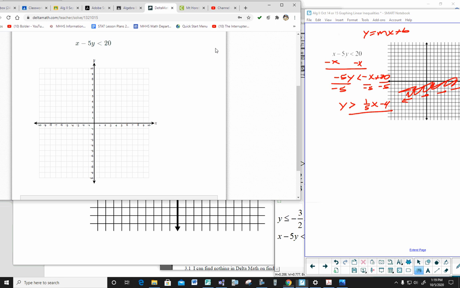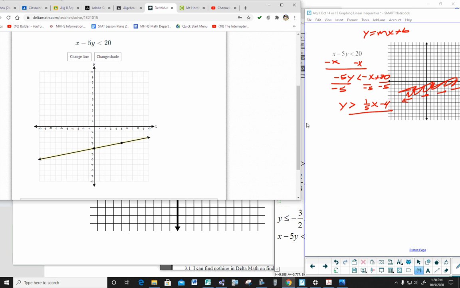Okay? All right, it says graph it. So we put a dot at -4, 1, 2, 3, 4. So we're going to put a dot there. The slope is 1/5. So you go up 1, 1, 2, 3, 4, 5. Okay. All right.